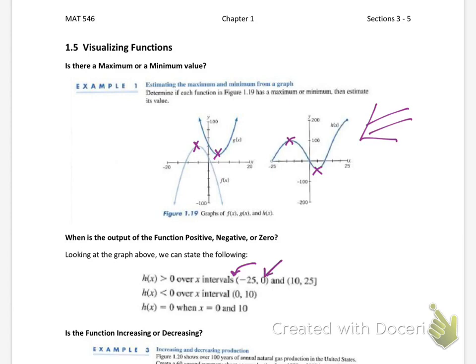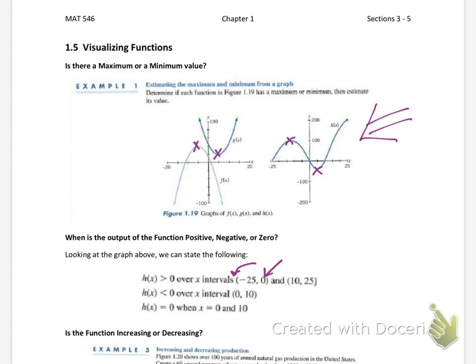But notice, you cannot put a box there because when you have a value of negative 25 for your x, or you have a value of 0 for your x, your output, your y value, is not greater than 0. It is 0, and that's why you are excluding those two endpoints by your notation.